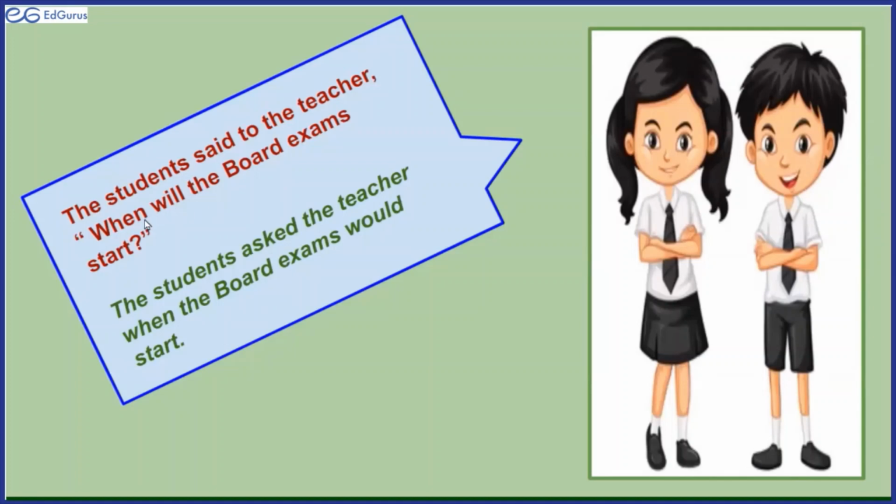Now you change this question into a simple statement first: when the board exams will start. Later on, according to the reporting verb, you will change it into the past tense: the students asked the teacher when the board exams would start. It's very simple.